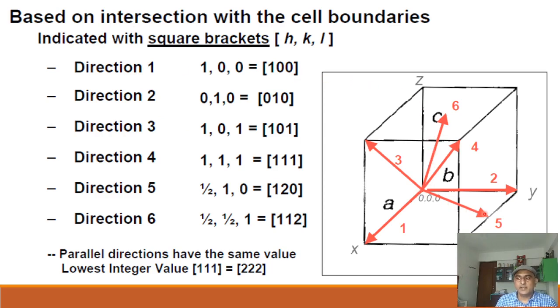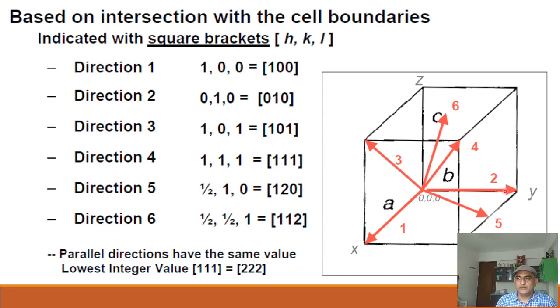For the line we have drawn here, it intersects at half distance along the x-axis and 1 along the y-axis, and Z is 0. So the direction is [1 2 0].